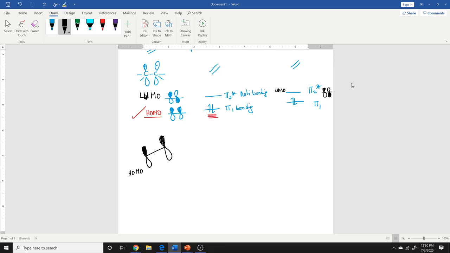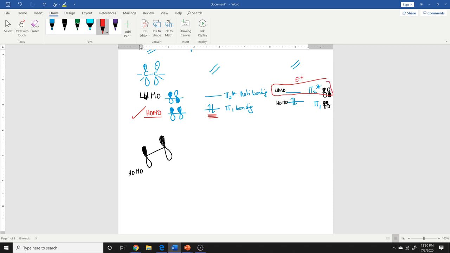The unoccupied molecular orbital is always above the highest occupied molecular orbital. So this is the highest occupied molecular orbital there. So I'm just going to go ahead and pick the lowest unoccupied molecular orbital for my ethene. This is going to serve as my electrophile.